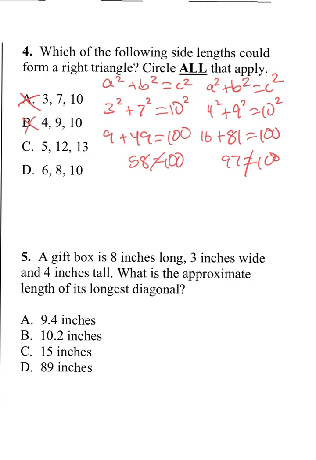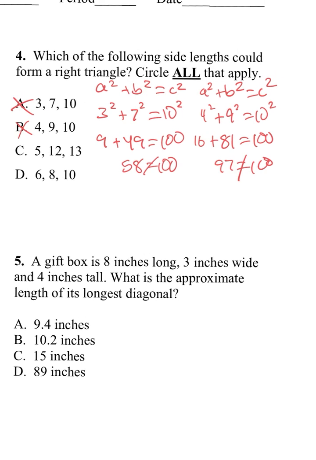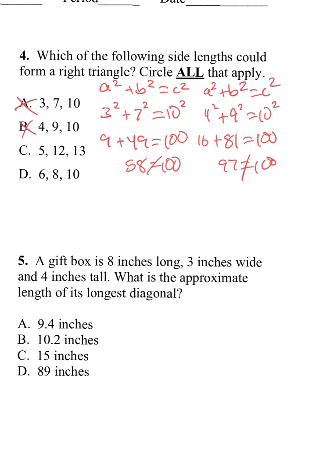All right, let's check out C. C says 5, 12, and 13. So we've got 5 squared plus 12 squared equals 13 squared. 5 squared is 5 times 5, which is 25, plus 12 squared, which is 12 times 12, which is 144, equals 13 squared, which is 169. 25 plus 144 is 169.